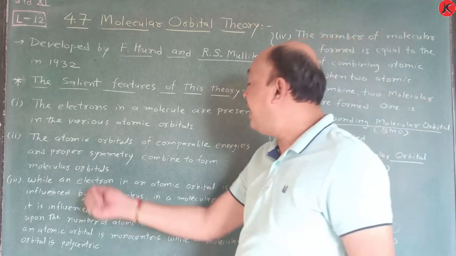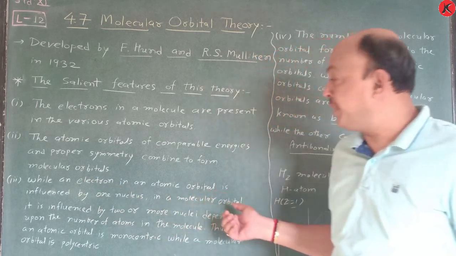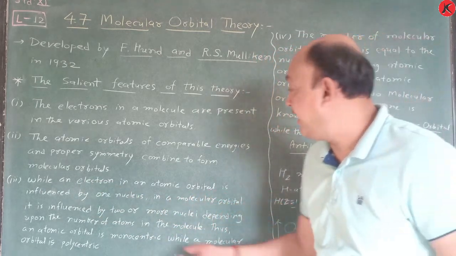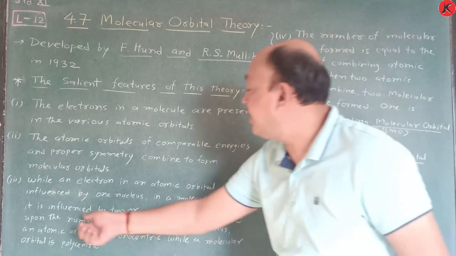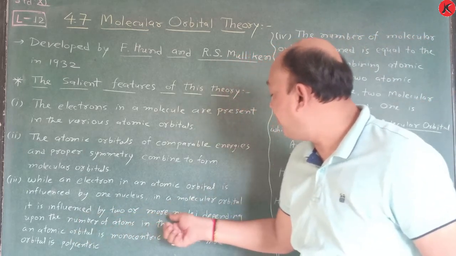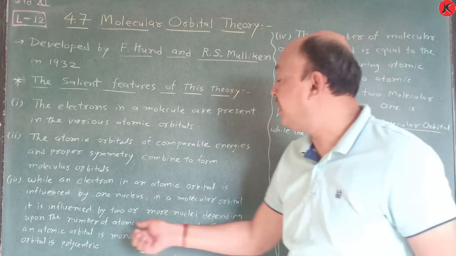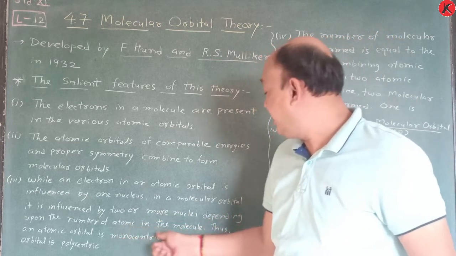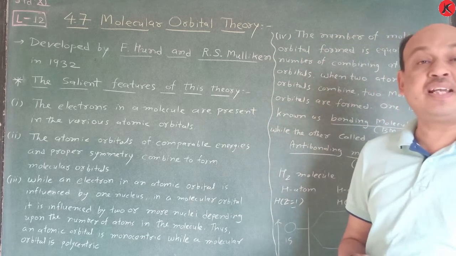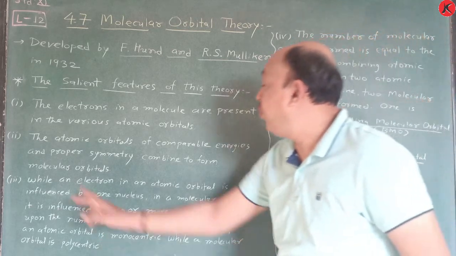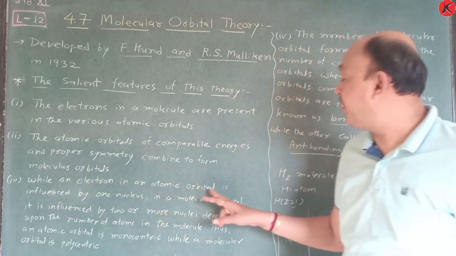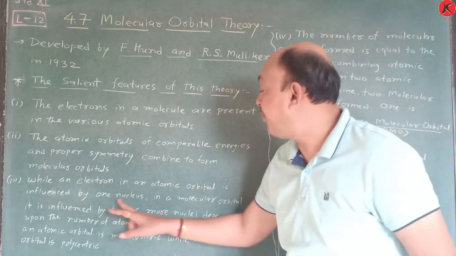Third one, while an electron in an atomic orbital is influenced by one nucleus, in a molecular orbital it is influenced by two or more nuclei depending upon the number of atoms in the molecule. This is a very easy topic, but you have to learn later on. Don't bother about this also. Why is an electron in an atomic orbital influenced by one nucleus?